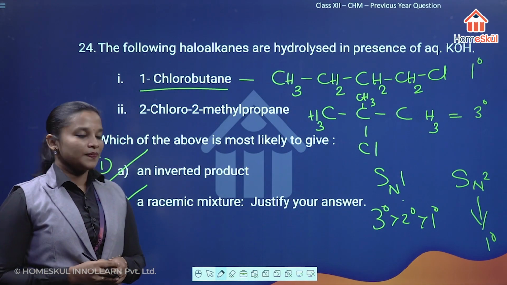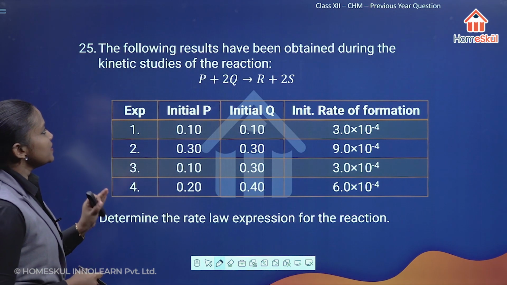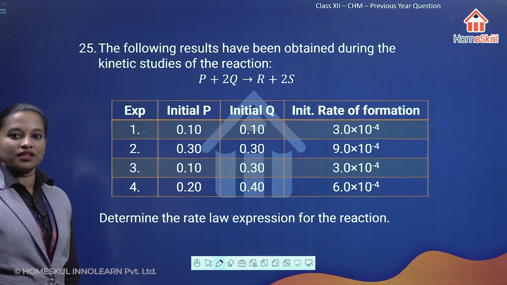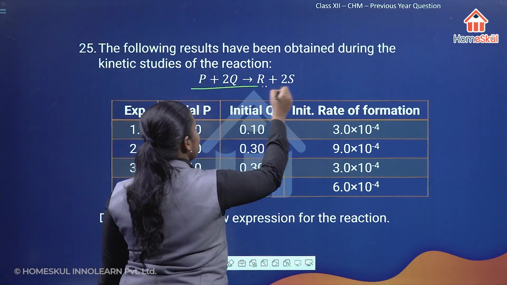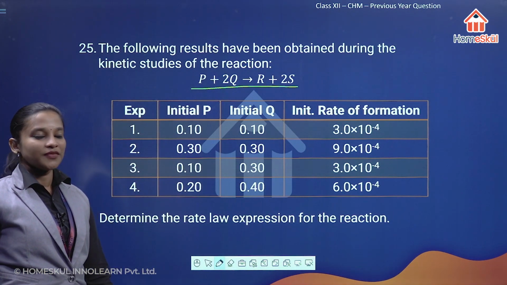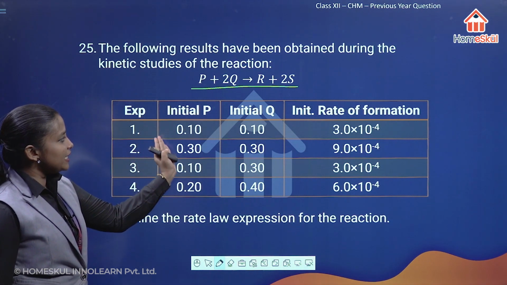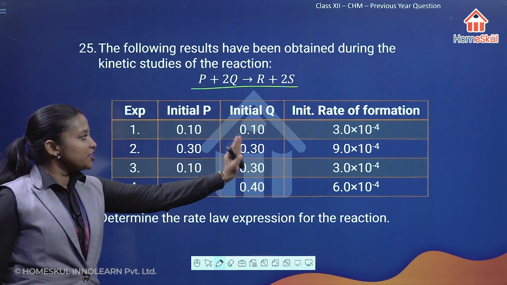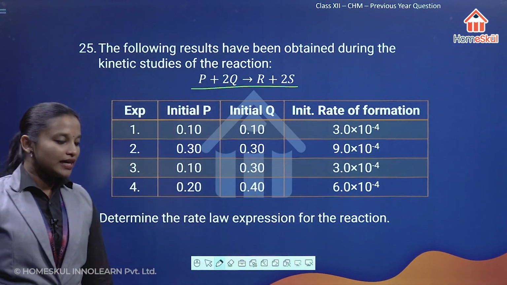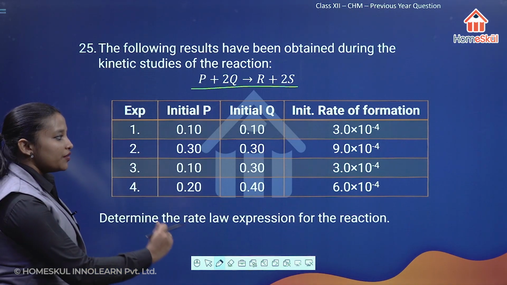Okay. Moving on to the next, 25th question. The following results have been obtained during the kinetic studies of the reaction P plus 2Q gives R plus 2X. These are the different experiments, and the initial concentration of P, the initial concentration of Q and the initial rate of formation are given here. We have to determine the rate law expression for this reaction.